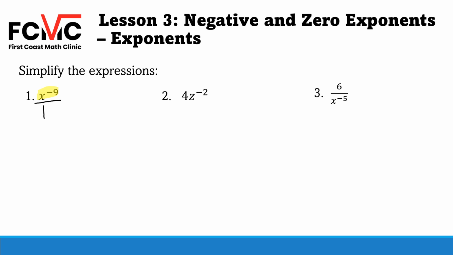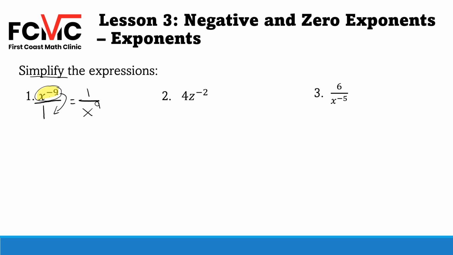I want to make that negative exponent positive. When we simplify the expression, we want to make all of our negative exponents positive. So I could take this entire term, bring it from the numerator to the denominator, and replace the numerator with 1. When I bring that x to the negative 9th to the denominator, that negative exponent becomes positive.